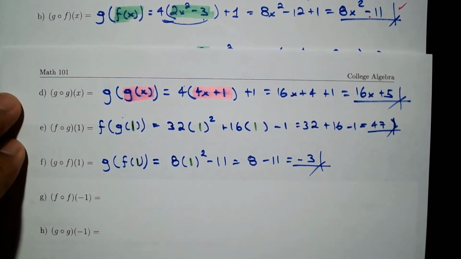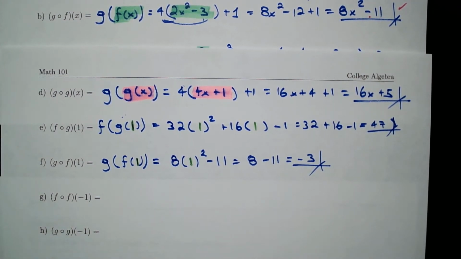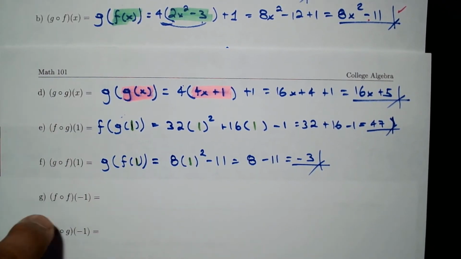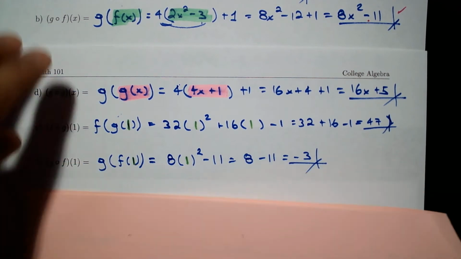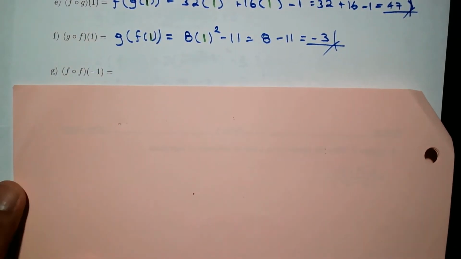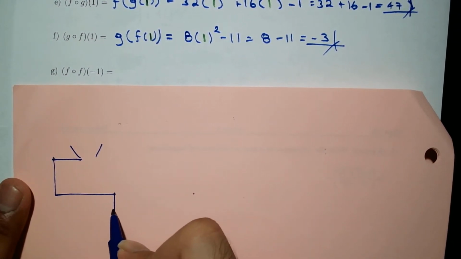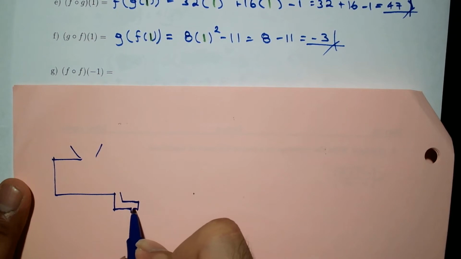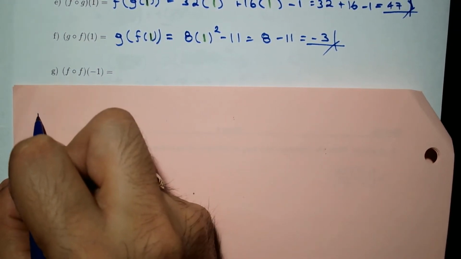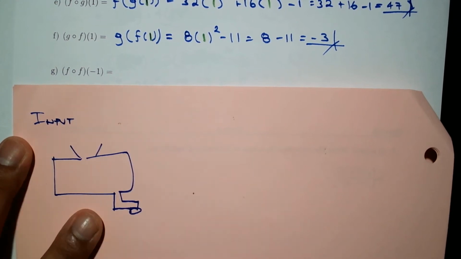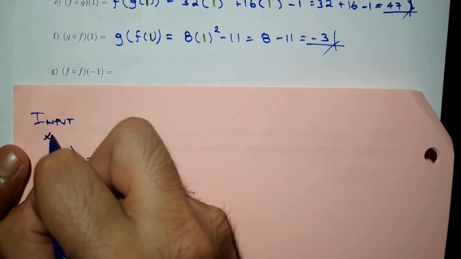All right. Okay, let me show you the machine diagram for this, at least for the first two examples. All right, so let's see. Let me get a page here. I'm going to go to another page. So we are going to have the first machine in this case. The input is going to go like this. Input, which is 1, x equals 1.